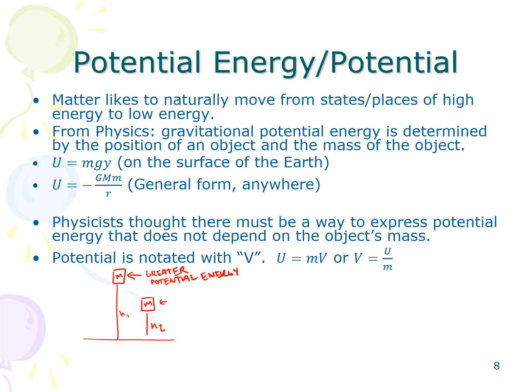And this is what potential energy is, and the equation for it is right up here. Potential energy is denoted with the symbol U, and for gravity, it's mg and your y position. So if you have a greater y position, you have a greater potential energy, right?